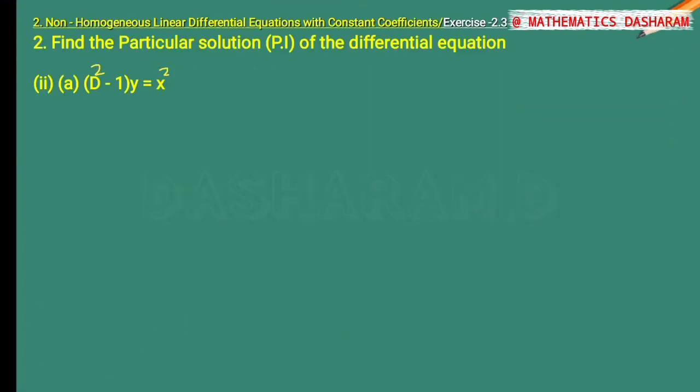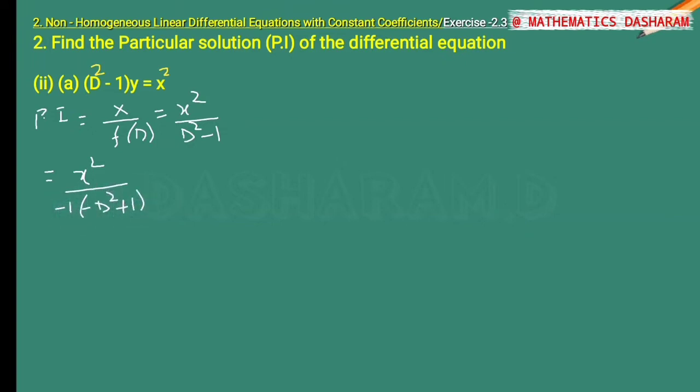Next question, (D square minus 1) y equals x square. So the particular integral is X divided by f of D, so x square divided by D square minus 1. Taking minus 1 common, x square divided by minus (1 minus D square).